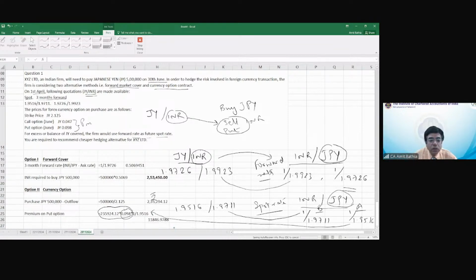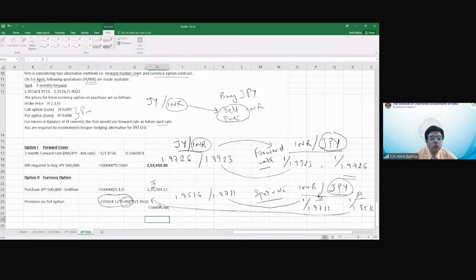All right. Now, what is the total outflow which we have? What is the total outflow that we have now? 235 plus 11,846.